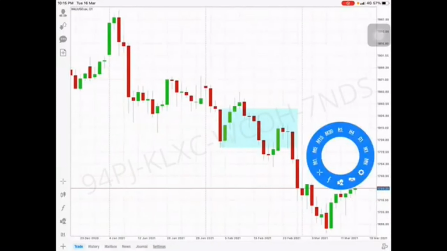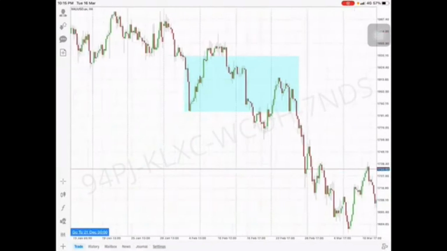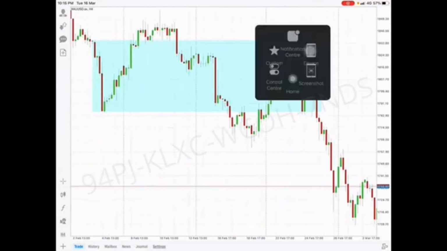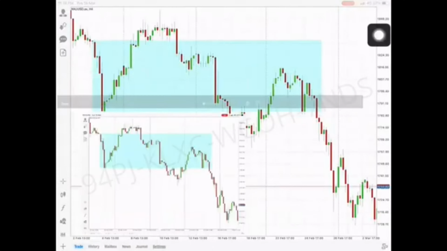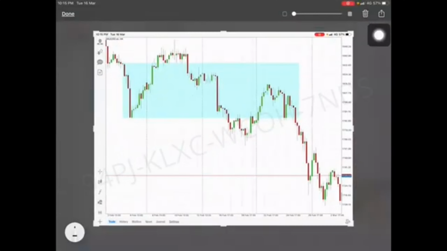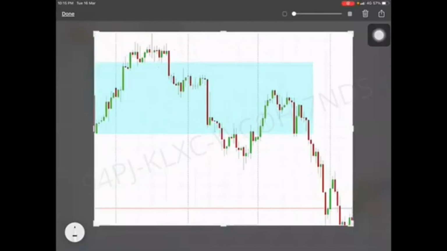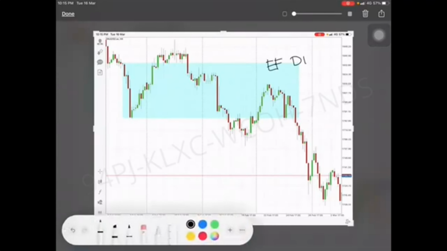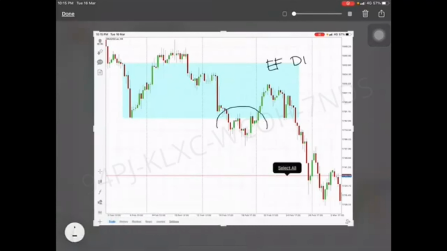Now on the H4, look at this. This is the area. So let's say you marked the EF zone. This is the daily EF zone. So what is this? Is this a sideways pullback?